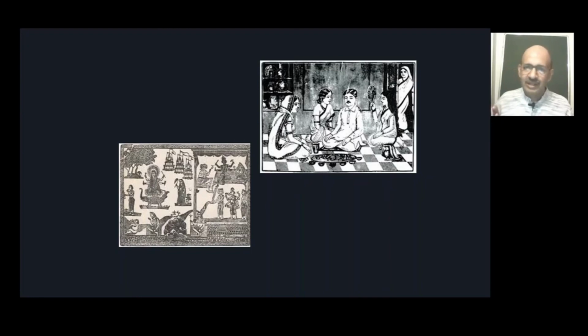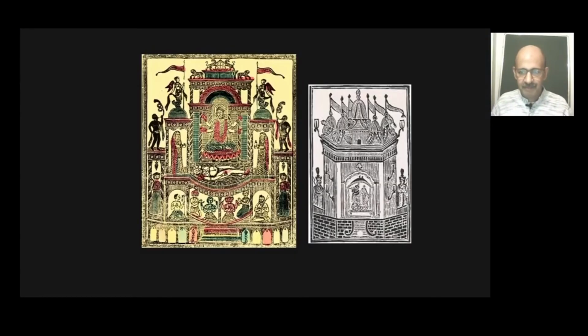But an illustrator in mid 20th century would not have been able to arrive at this kind of imagery unless there was this prehistory of popular woodcut prints of the 19th century and early 20th century in Kolkata.